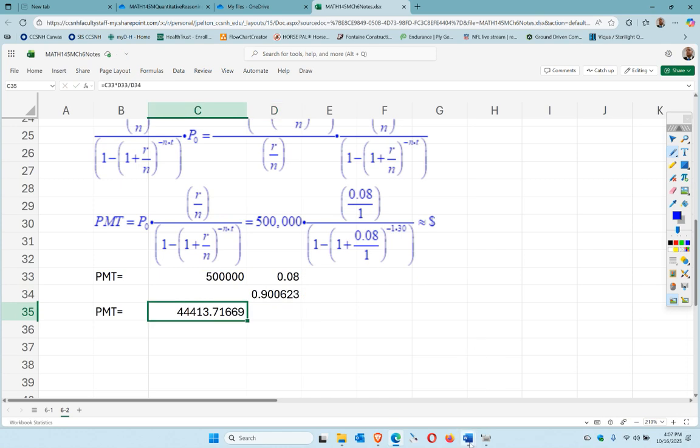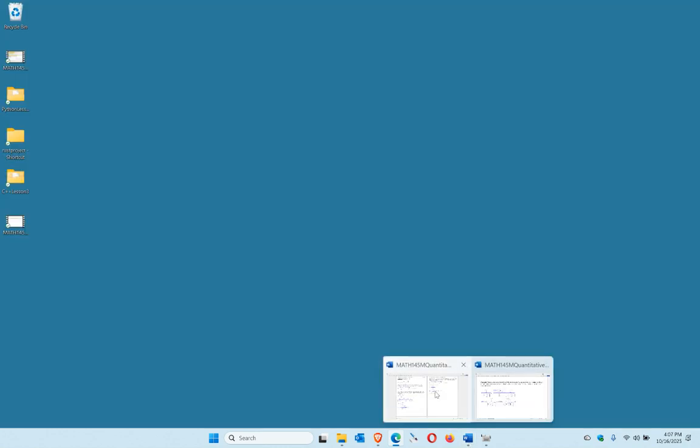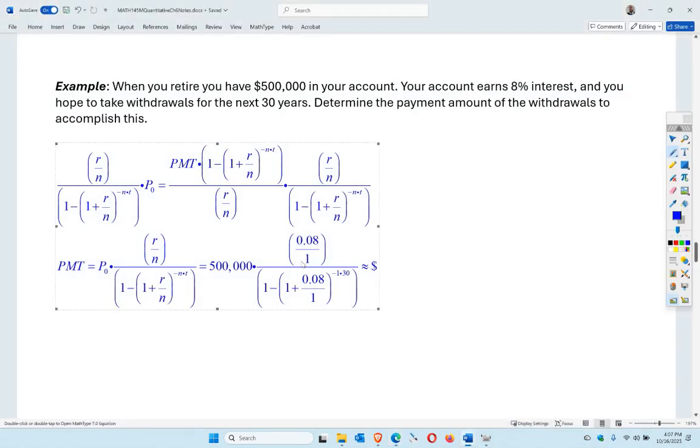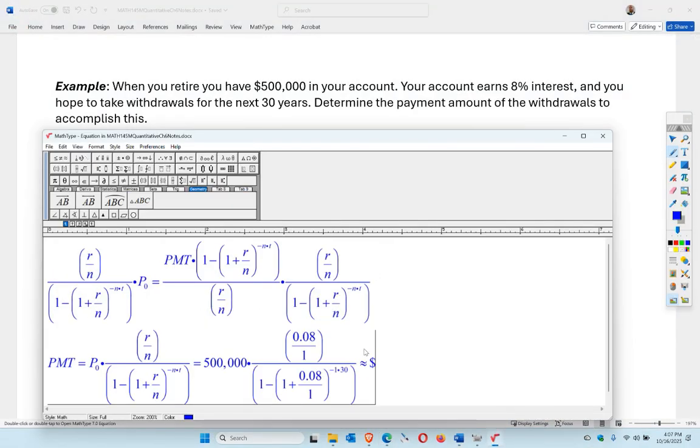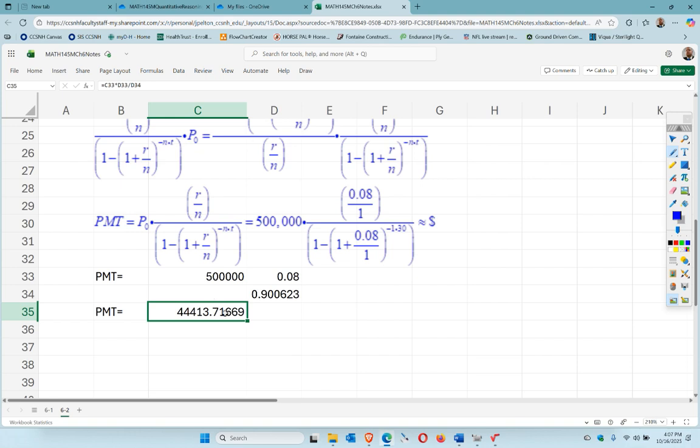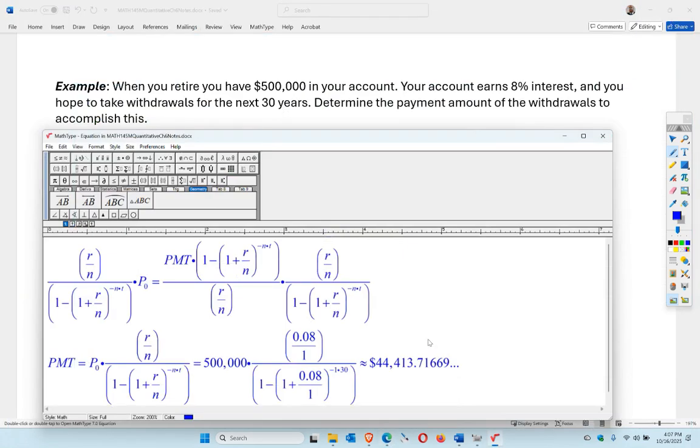Okay, all right, so let's go back to so it's $44,000. So if I change this now, it's $44,413.71. It was like 669, I believe, is what I saw. Yeah, okay, there's more decimals than that, but that doesn't really matter.